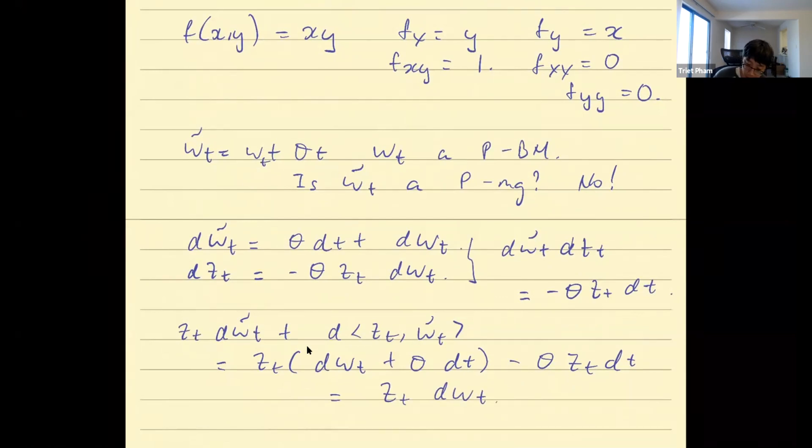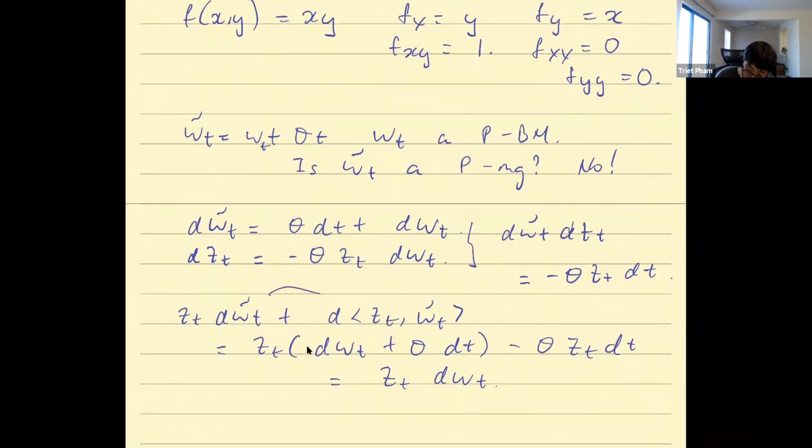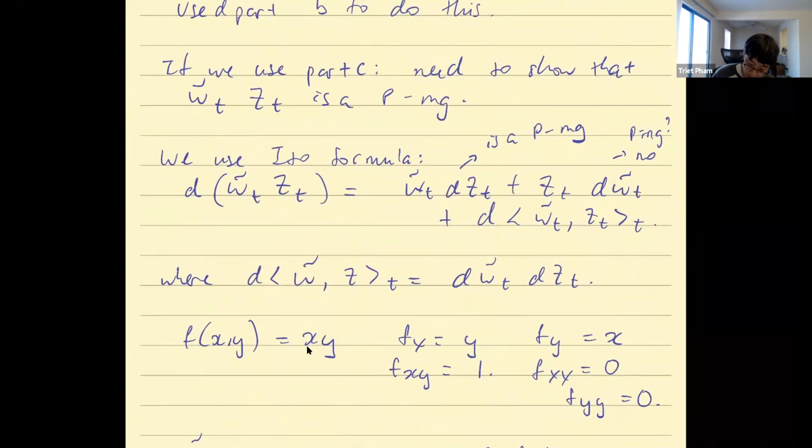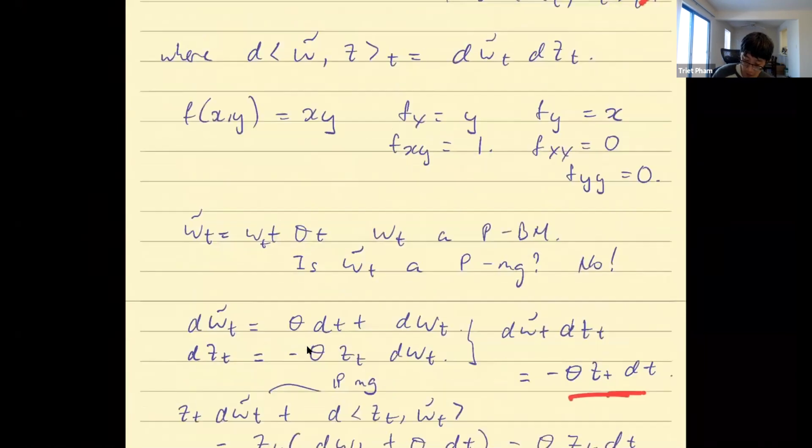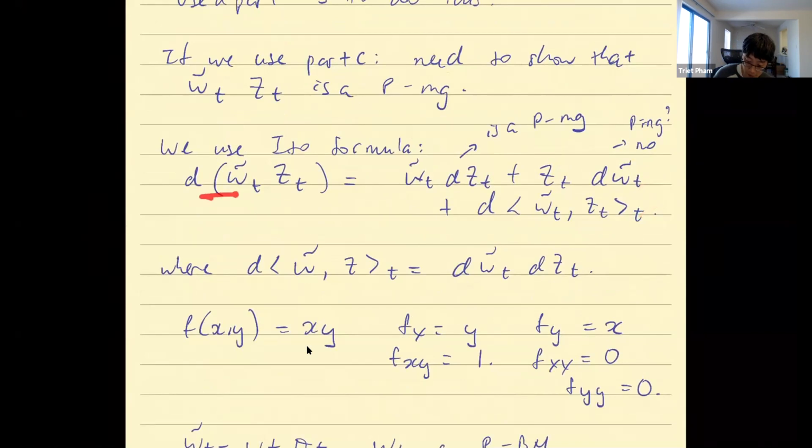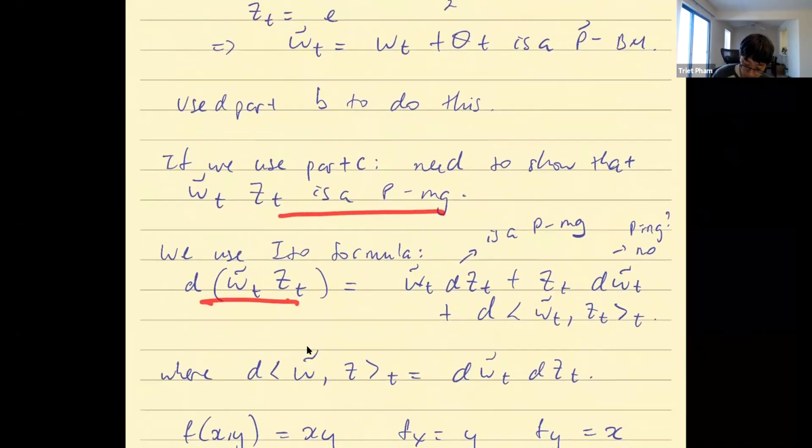See, these two together will make you a P martingale. After you compensate for the drift here, it becomes a P martingale. So together, this times this is a P martingale. And that concludes that W tilde T then is a P tilde martingale from part C.